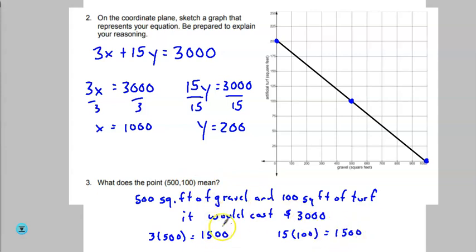Then if you add 1,500 and 1,500, that would give you a total of 3,000. So you could check it just looking at the graph, know that that point would have to equal 3,000. You could do it mathematically, but yeah.